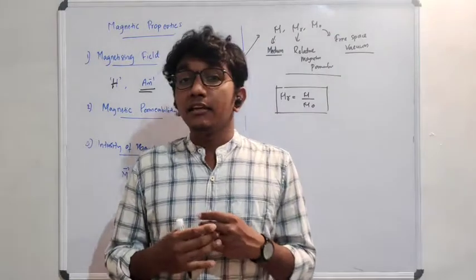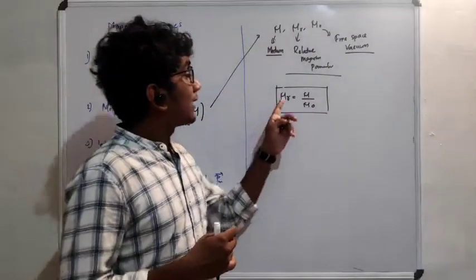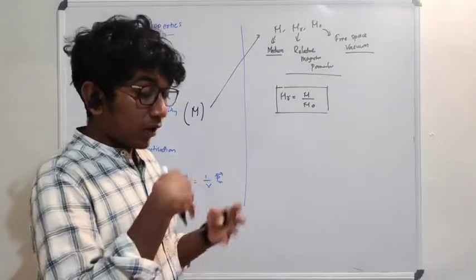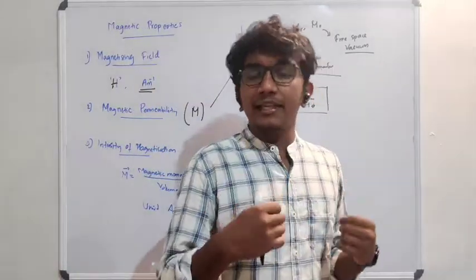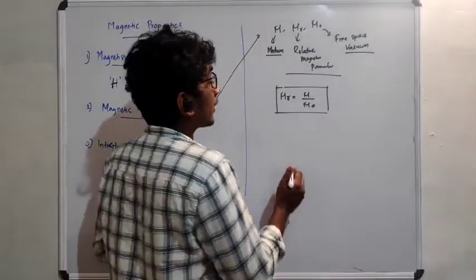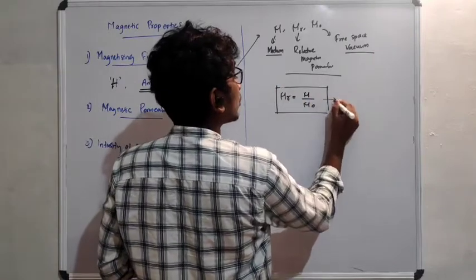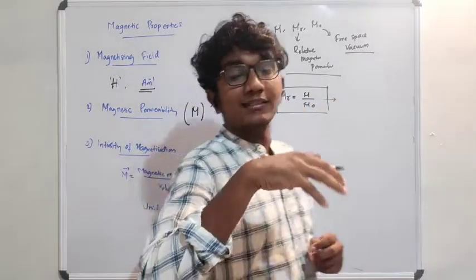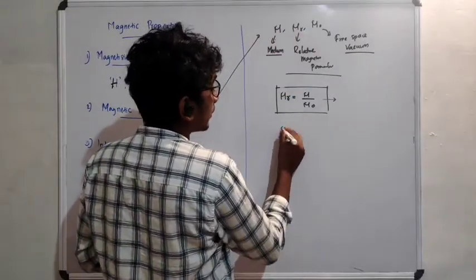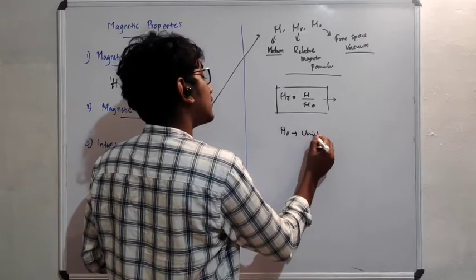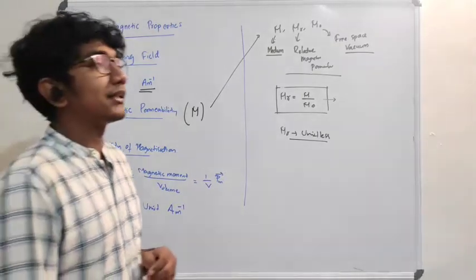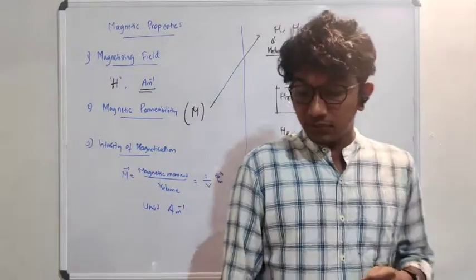But if we consider mu r, which is mu divided by mu 0, it will be less than 10 and greater than 0. So mu divided by mu 0 gives us a very good idea about how much the magnetization is. What is the unit of mu r? Mu r is unitless and dimensionless.